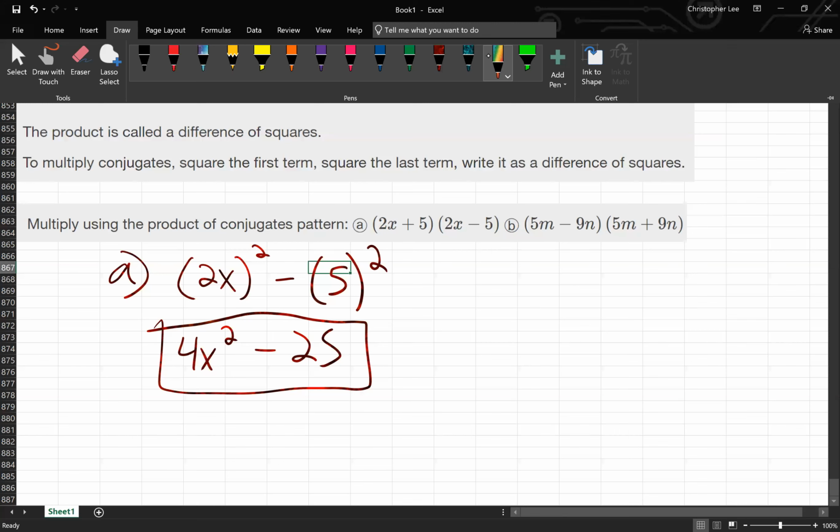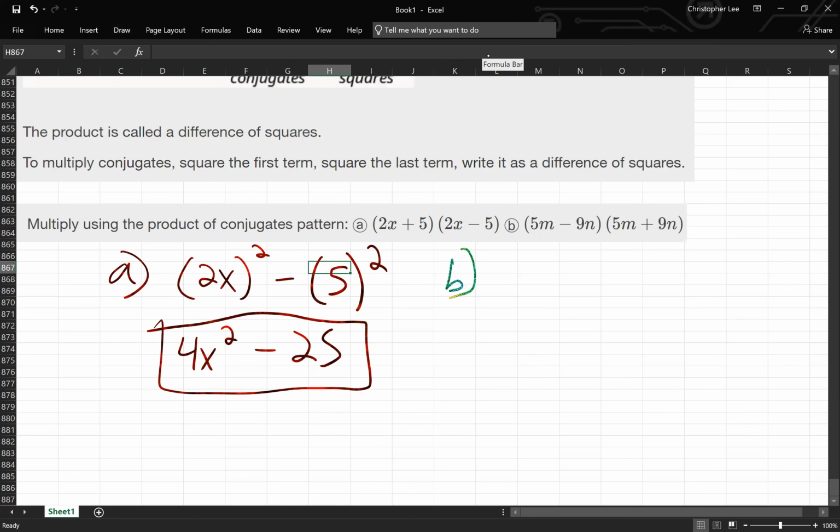Let's look at B. For B, same thing. I have 5m minus 9n and I have 5m plus 9n, right? So I'm going to do a squared, which is 5m squared. Simplify this down. What do I have? 25m squared minus 81n squared.